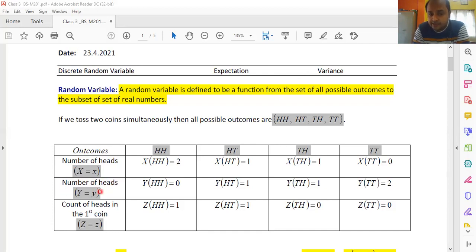So if I'm interested in number of tails, and I denote this by capital Y, then the number of tails in the first outcome is 0. In the second outcome, it is 1. In the third outcome, it is 1. And in the last outcome, it is 2. Just the opposite of what we have got earlier.